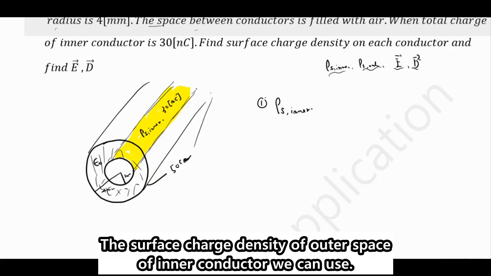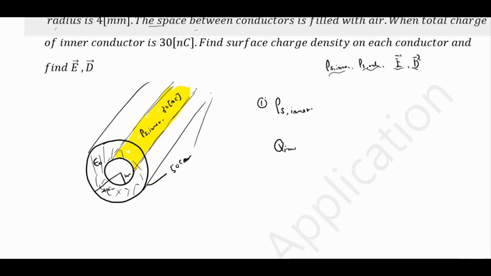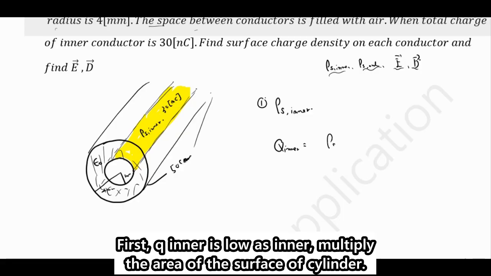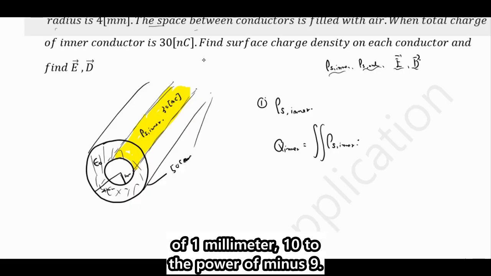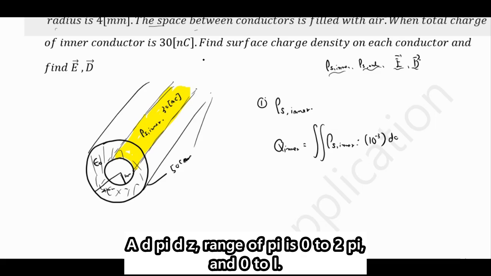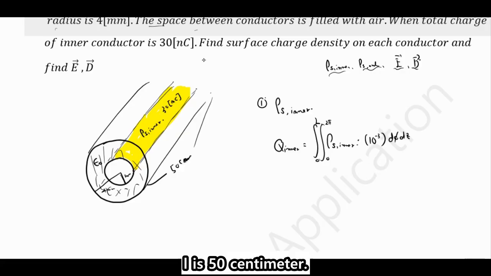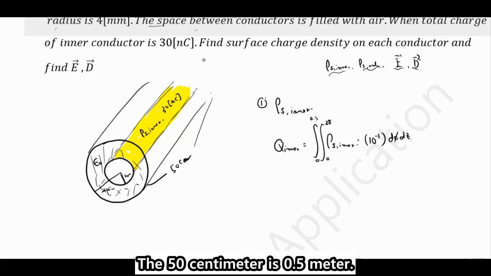We can use Q inner, which is rho s inner multiplied by the area of the side surface of the cylinder. The side surface of the cylinder is, with radius 1 millimeter, 10 to the power minus 3 A d phi dz. The range of phi is 0 to 2 pi and z is 0 to L. L is 50 centimeter, and 50 centimeter is 0.5 meter.